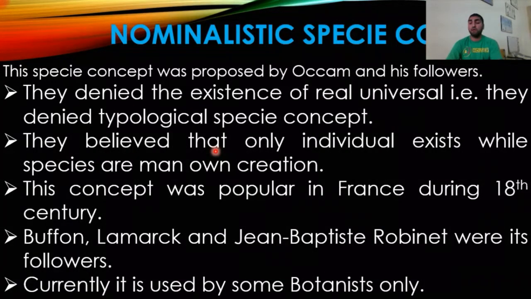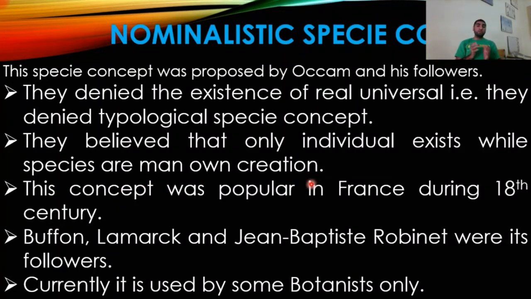Then the second concept is the nominalistic species concept. According to this species concept, which was proposed by Occam and his followers, they denied the existence of real universals. Occam and his followers denied the typological species concept, and they believed that only individuals exist, while species are man's own creation.